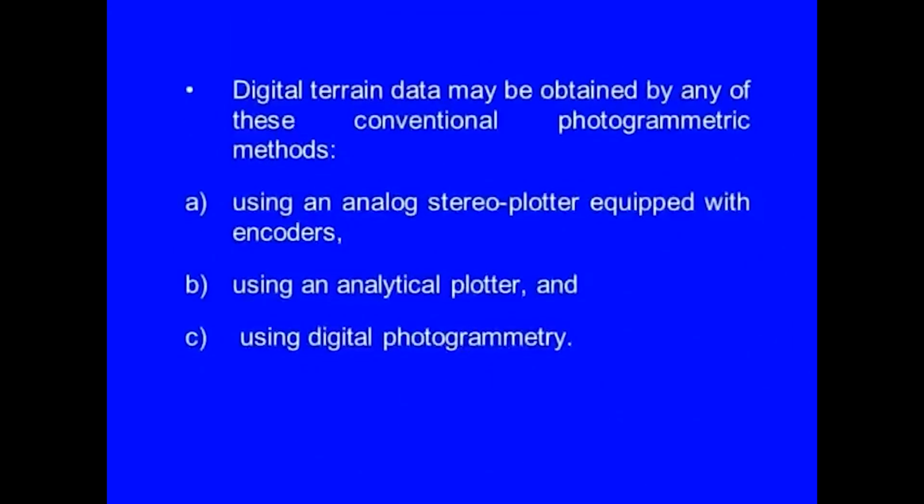So, digital terrain data may be obtained by any of these conventional photogrammetric methods: using an analog stereo plotter equipped with encoders, using an analytical plotter, and using a digital photogrammetric technique.